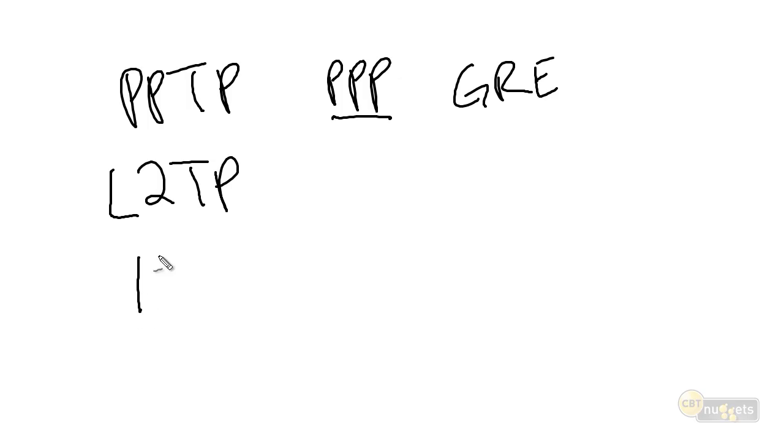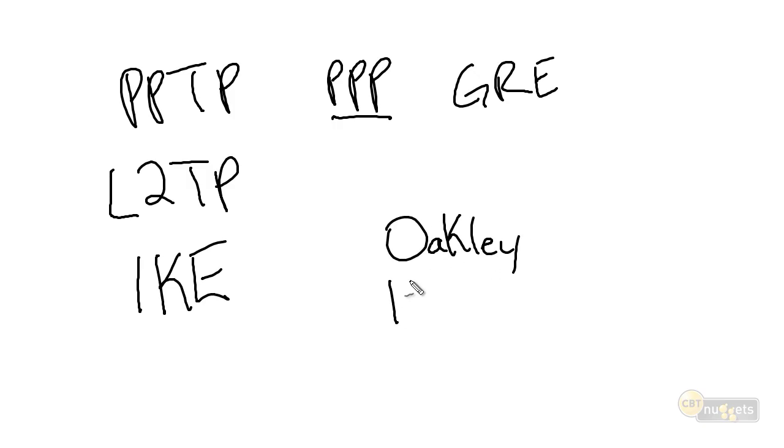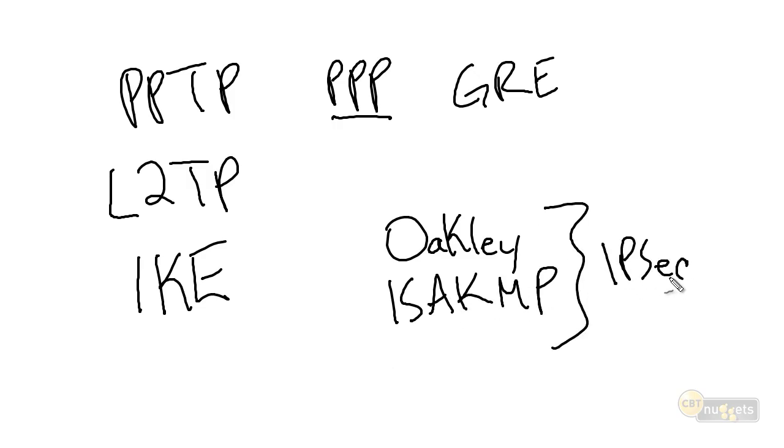And then the last one we saw was IKE. Now, IKE stands for Internet Key Exchange, and it consists of a couple of protocols, the Oakley protocol and the ISAKMP protocol. All of this really comes from IP security, and it uses X.509 digital certificates, encryption certificates, to provide authentication.